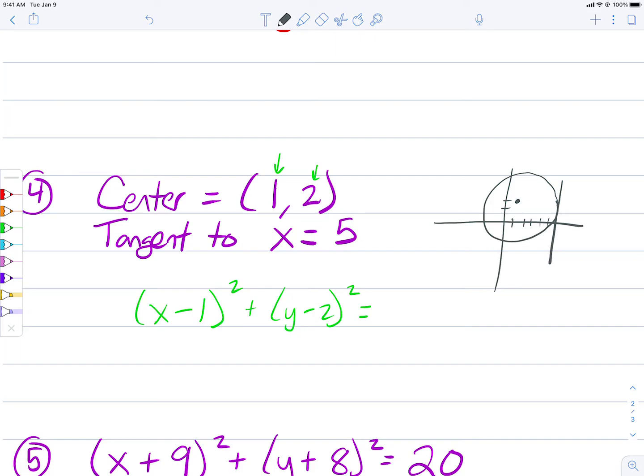Well, how far away is the line x equals 5 from the center of the circle? It is 1, 2, 3, 4 away. From the x value to the x equals 5, it is 4 away, which means that the radius must be 4. So the center is 4 away from x equals 5. So what is 4 squared? 16. So there's our equation.